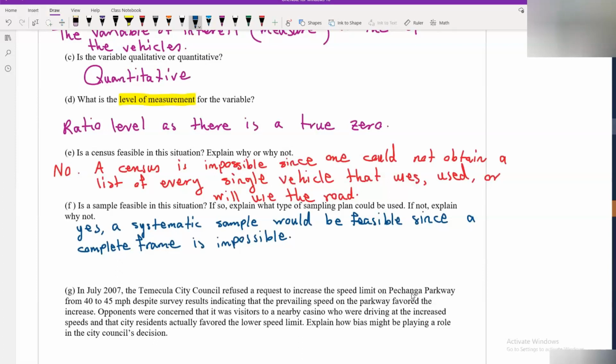Other sampling methods all depend on whether you have a complete frame or not. Not having a complete frame, you're not able to use the other 3 methods.